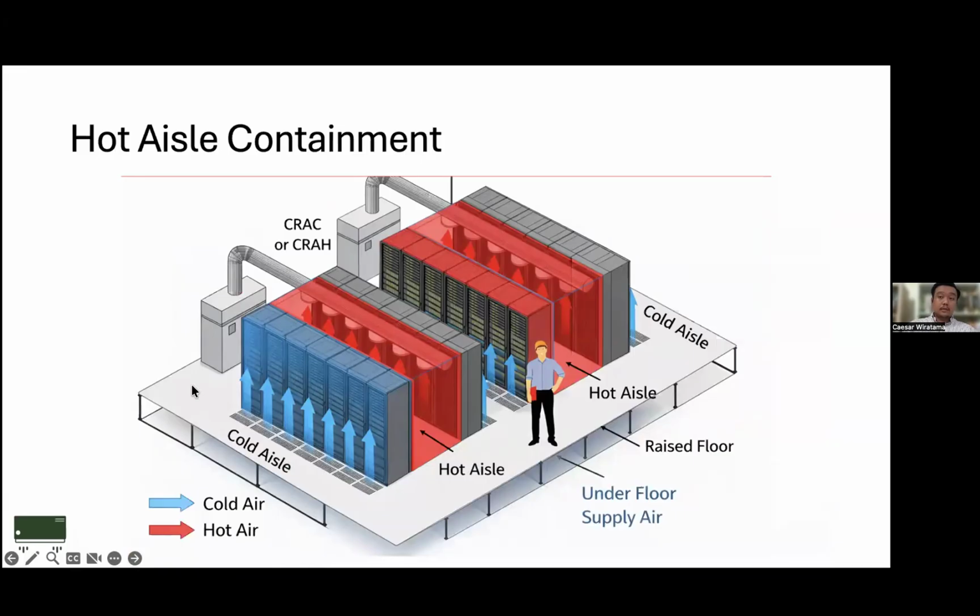And on the other hand, we can also use hot aisle containment. So basically the same thing. We contain the hot aisle to make this system not recirculate back to the cold aisle.